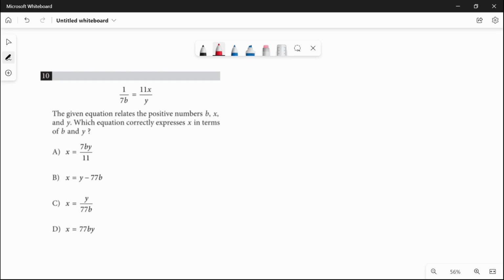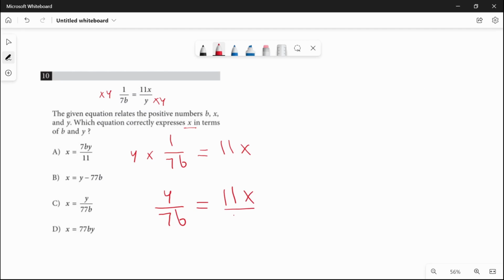Question number 10. The given equation relates the positive numbers b, x, and y. Which equation correctly expresses x in terms of b and y? So here, we need to solve for x. And in order to do that, we will multiply by y. So we will have y multiplied by 1 over 7b on one side and 11x on the other side. y multiplied by 1 over 7b is the same as y over 7b, and that's equal to 11x.